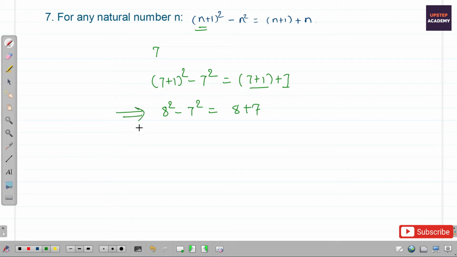That is the seventh property. If we take another example, 5 square minus 4 square equal to 5 plus 4, that is 9.